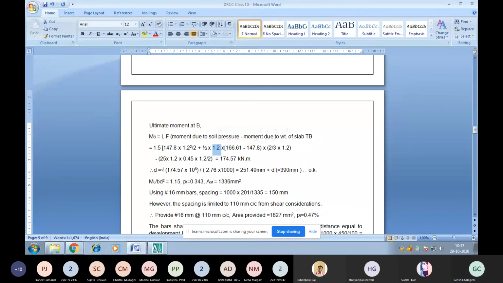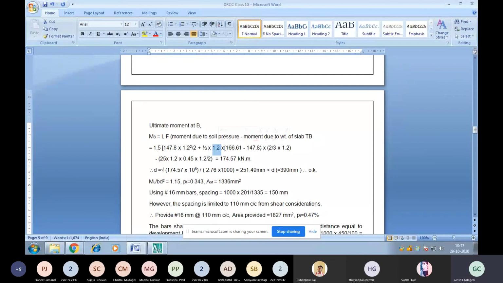For Fe415, we are getting 0.343. PT value is taken as 0.343. Once you know the PT value, PT equals 100 AST by B D. So AST will be PT into B D divided by 100. If you substitute the values, we get the area of steel.